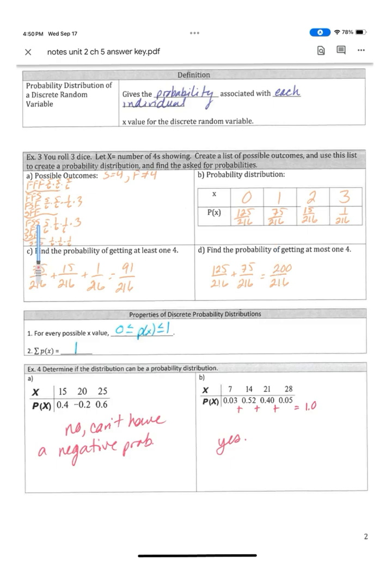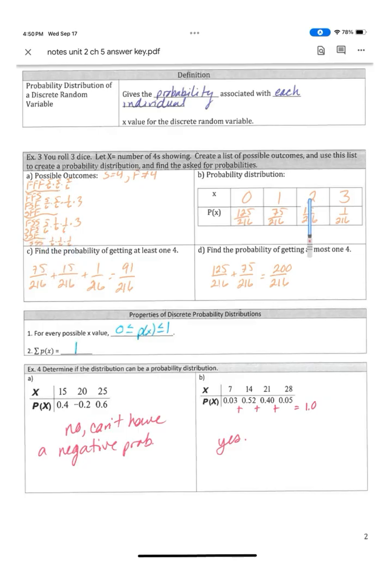The third way is I have 2 successes. So I have 1 failure and 2 successes. So failure, 5 out of 6. The probability of rolling a 4 is 1 out of 6 times 1 out of 6. But again, there's 3 different ways. I could have the first die be the failure. I could have the second die be the failure. I could have the third die be the failure. So I multiplied that by 3.